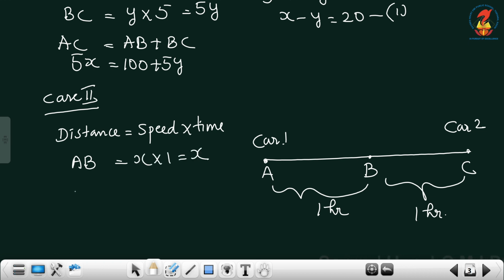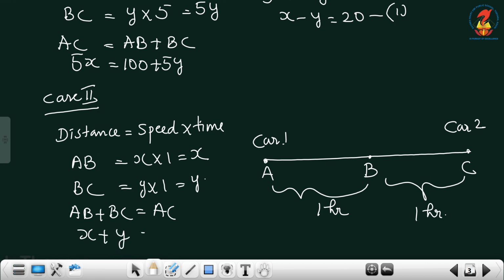Next BC, speed into time, y into 1 equal to y. Here AB plus BC equal to AC in this figure. x plus y equal to total distance 100. Okay, this is the second equation.